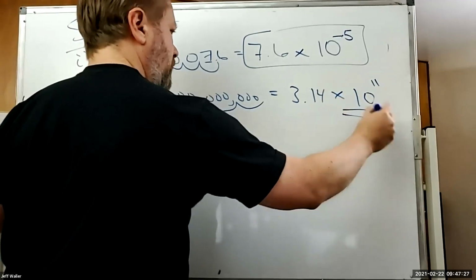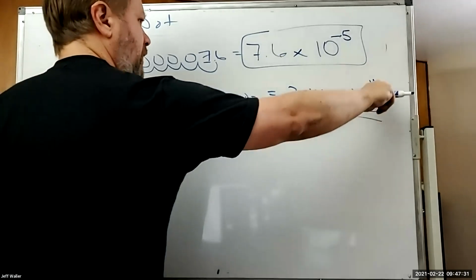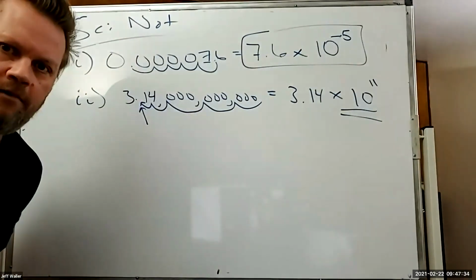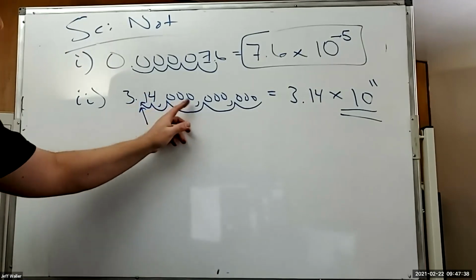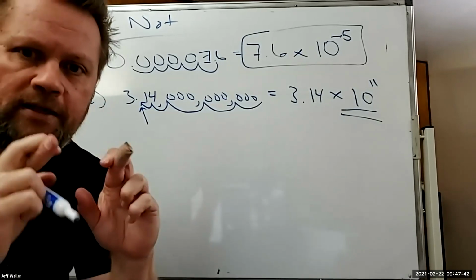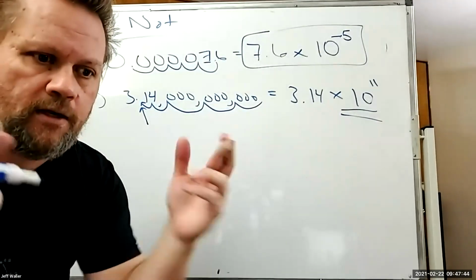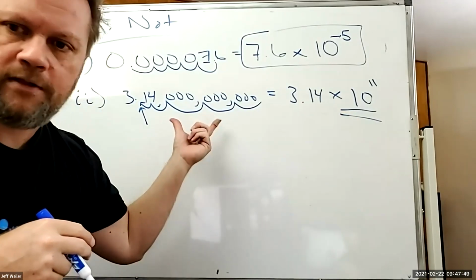And I really want you to understand, all this really says is multiply 3.14 by 10 11 times. Every time I multiply by 10, it moves the decimal over. So scientific notation is nothing special. It's just a little computation problem that works back out to this number.